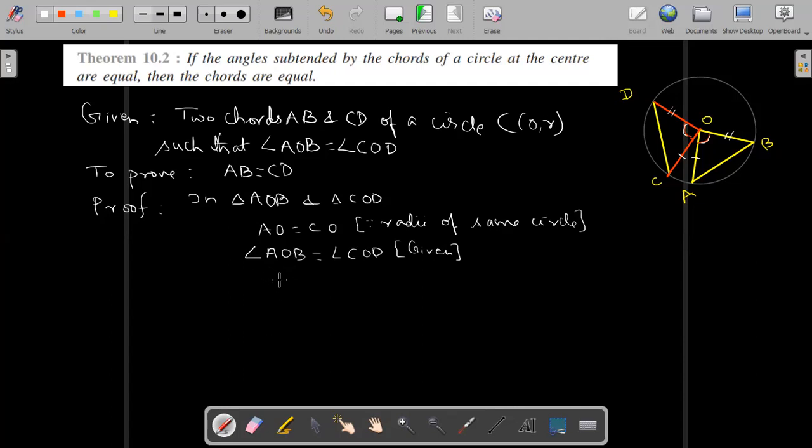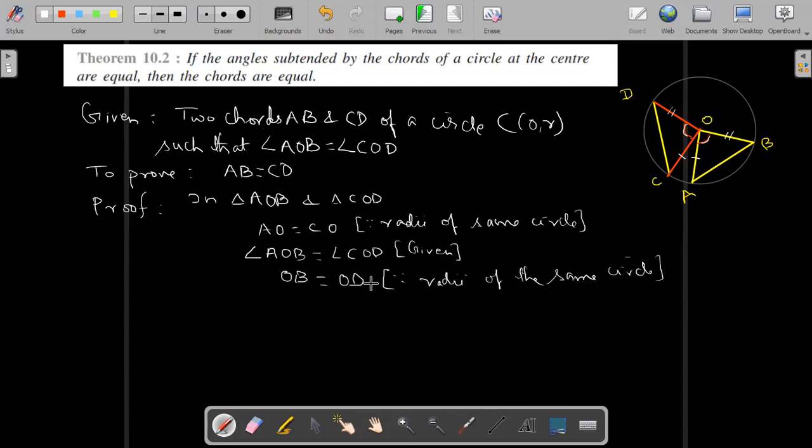Then OB is equal to OD, for the same reason: OB and OD are the radii of the same circle. That's why they are equal.